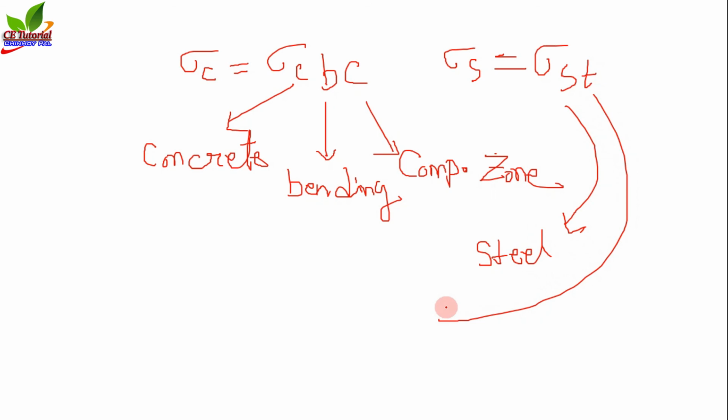And this T is nothing but tension zone. Okay, please keep in mind, we always denote the stress of concrete in the working stress method by sigma CBC and the stress of steel in the working stress method by sigma ST.